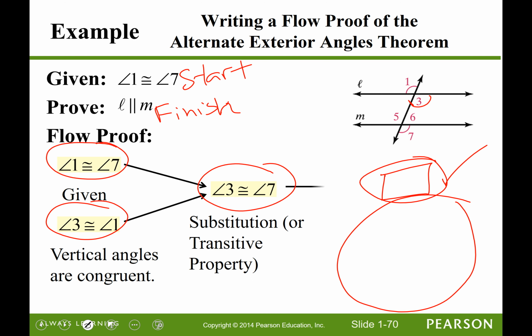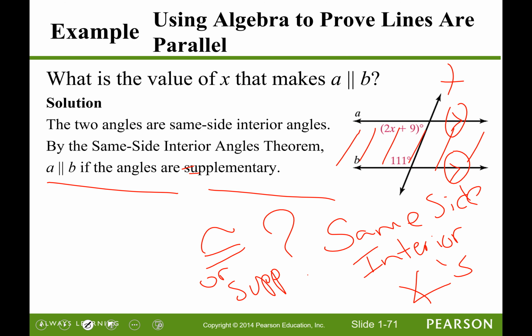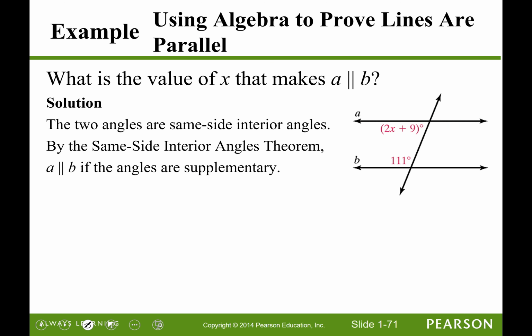All right, and that is how we will translate from a geometric figure into an algebraic equation. So we have this angle right here plus this angle right here needs to add up to 180 degrees to make A and B parallel.